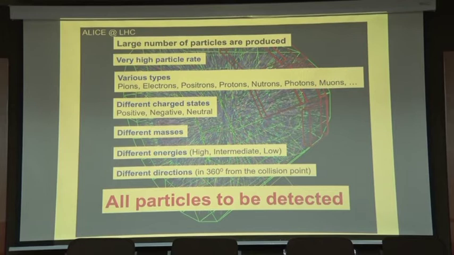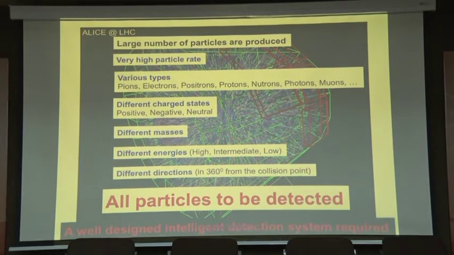As experimentalists, we try to detect all particles as far as possible. Of course, it is not possible to detect 100%, but we try to get most of the particles. For that, a well-designed, intelligent detection system is required, because you have a lot of challenges here.